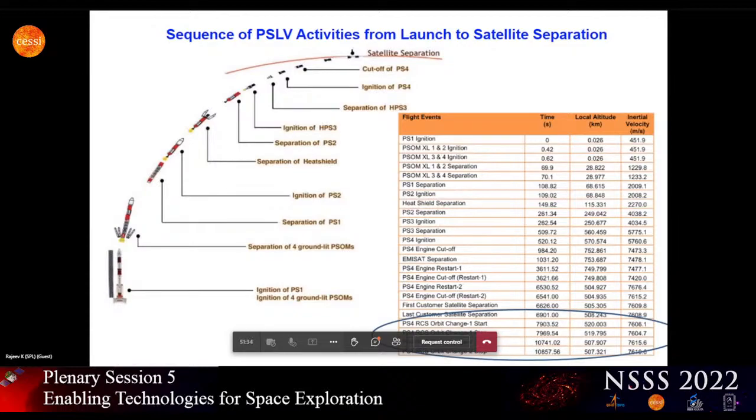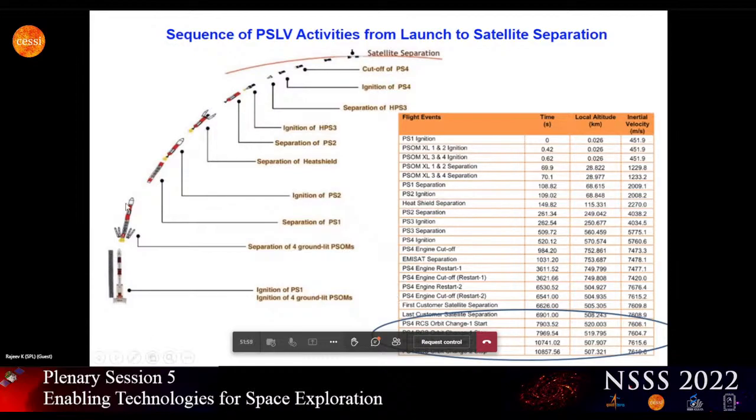It has provision to change the orbit from the usual PSLV PS4 stage where you leave it. Instead of that, you can change the orbit, either change the altitude or change the orbital plane, depending on the amount of fuel availability. And then you can have the experiment, and there it will be orbiting continuously, and it will be a stable platform.